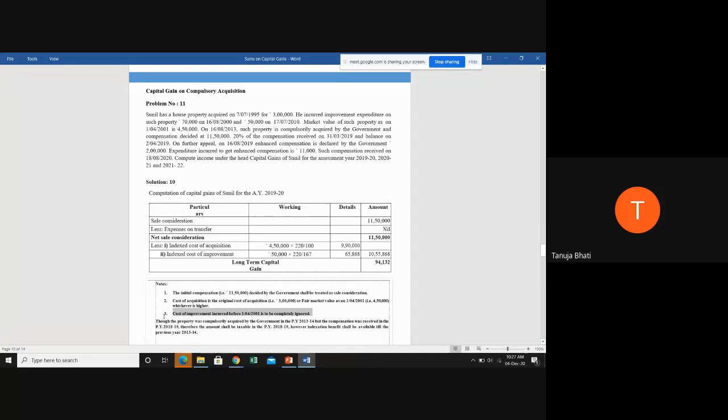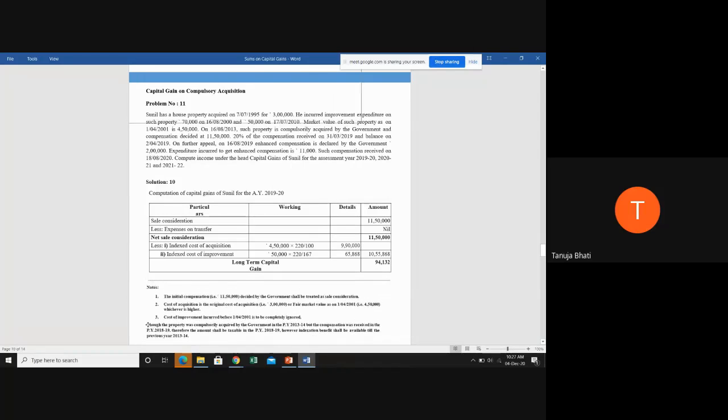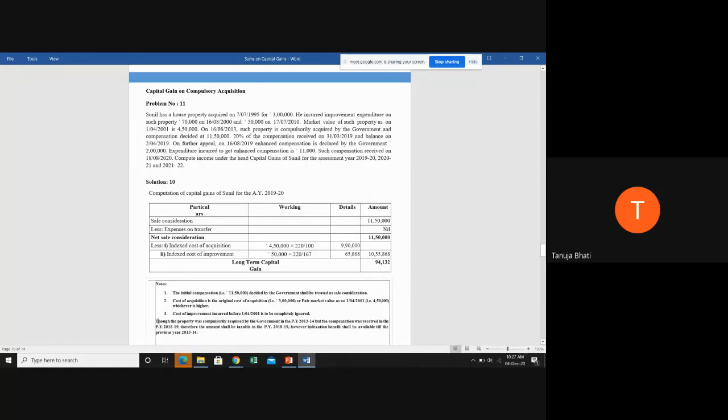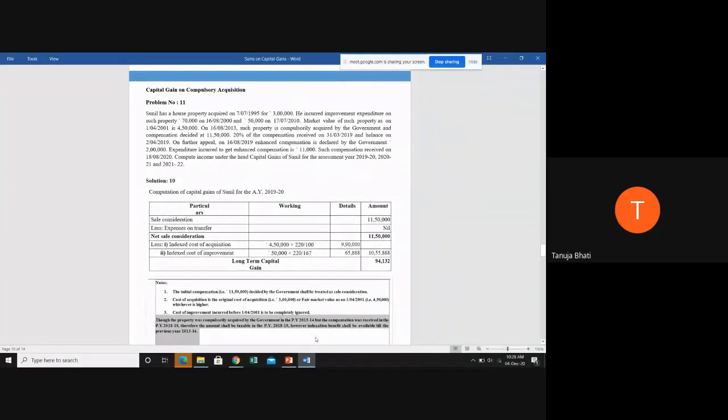Though the property was compulsorily acquired by the government in the year 13-14, the compensation was received in the year 18-19. Therefore, the entire amount shall be taxable in the previous year 18-19. However, indexation shall be available only till the previous year 13-14. So whatever I've explained, we have written in the notes.